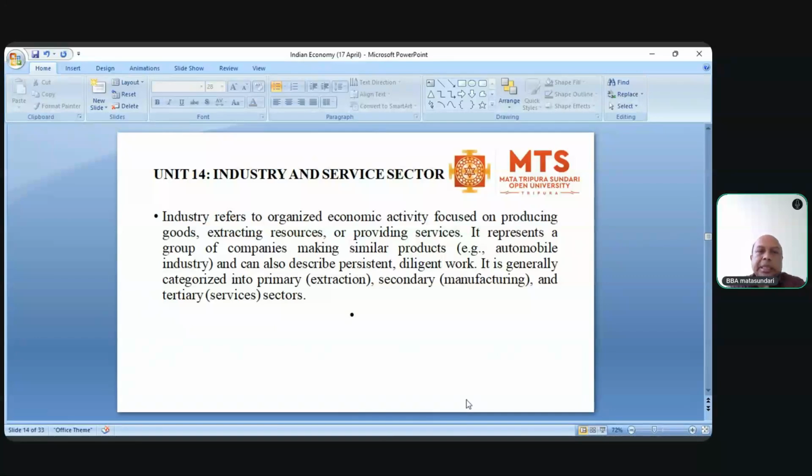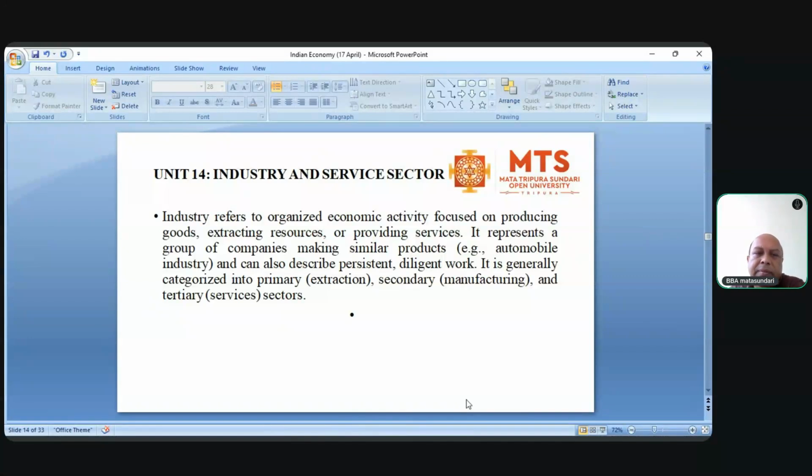The industrial sector is the second sector in the Indian economy, and the contribution of the industrial sector to our national income and also employment is increasing. The industrial sector can be classified into many sectors such as heavy and large industries, small and medium industries, chemical industries, agri-based industries.